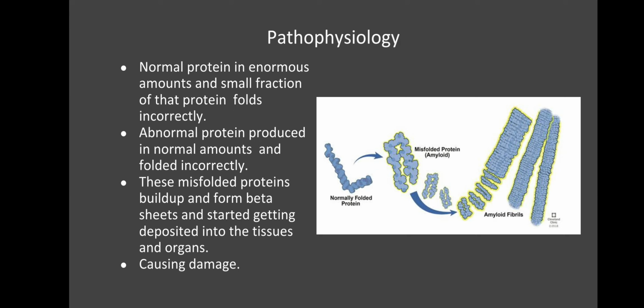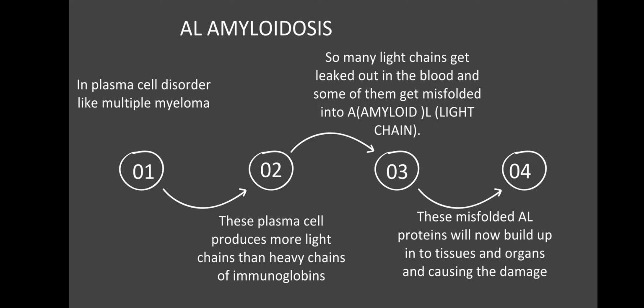These light chains leak out into the blood and some of them get misfolded into an amyloid L light chain. So this will form an AL protein. These misfolded AL proteins now build up in tissues and organs, causing damage. This is the basic thing, and this is known as AL amyloidosis.